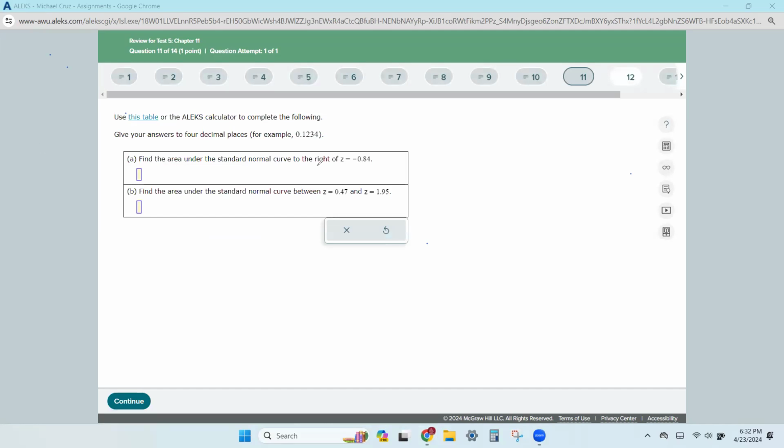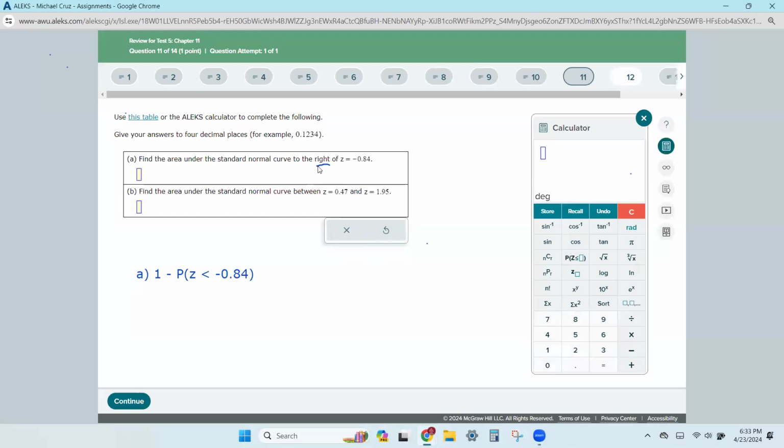So therefore, we have to do the complement. So for A, put it down here: 1 minus the probability of Z, and that's what I'm going to just pop in the calculator. Let it do the work for me. Because we got to use the complement because it's right.